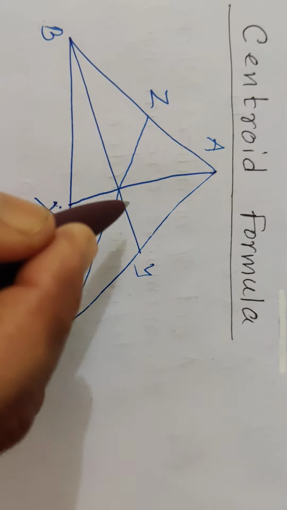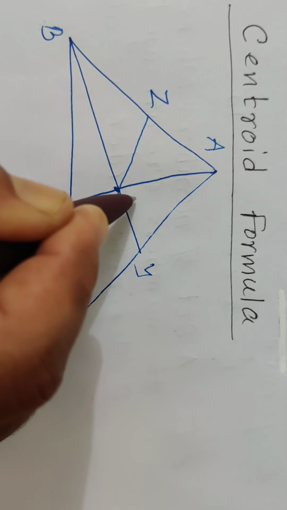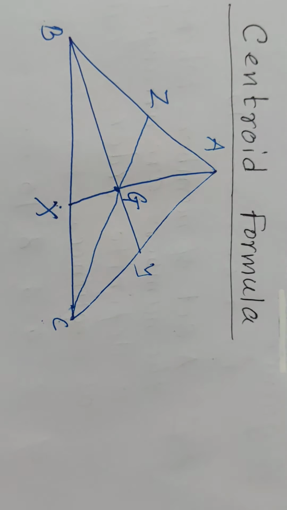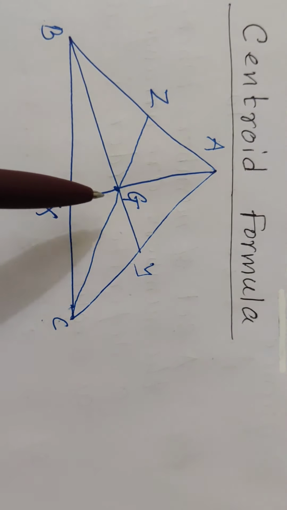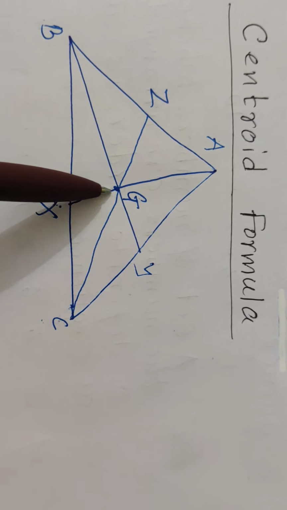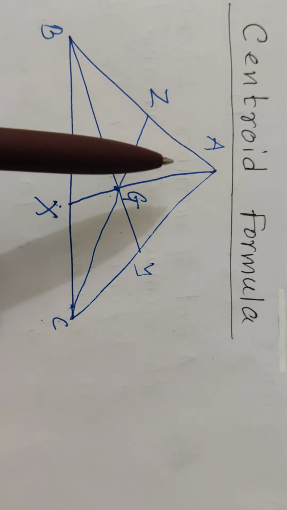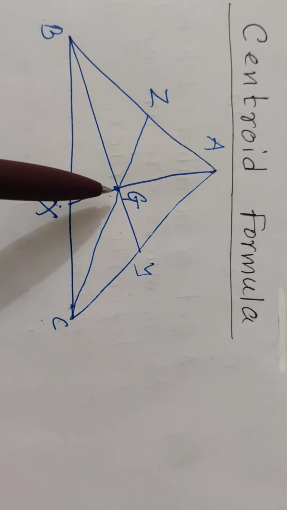Suppose we call it point G. G is the point where the three medians intersect, so it is called the point of concurrence. This point of concurrence of the three medians is called the centroid.